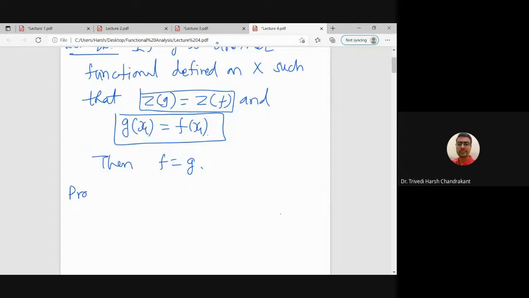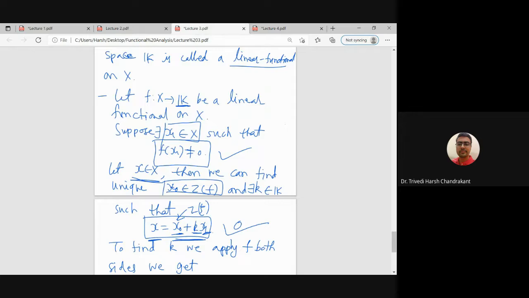What is the proof of this? To prove this, we apply F on x, and we already observed that x is of this form.